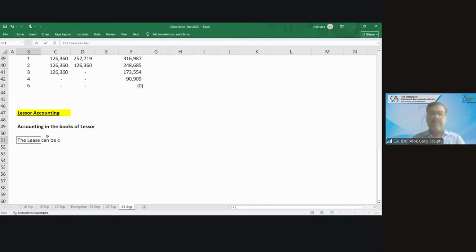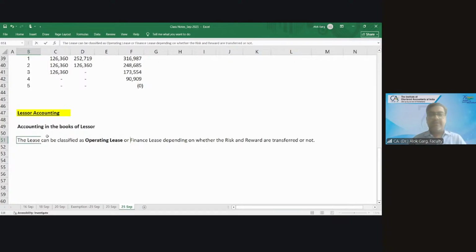The lease can be classified as operating lease or finance lease, depending on whether the risk and rewards are transferred or not.